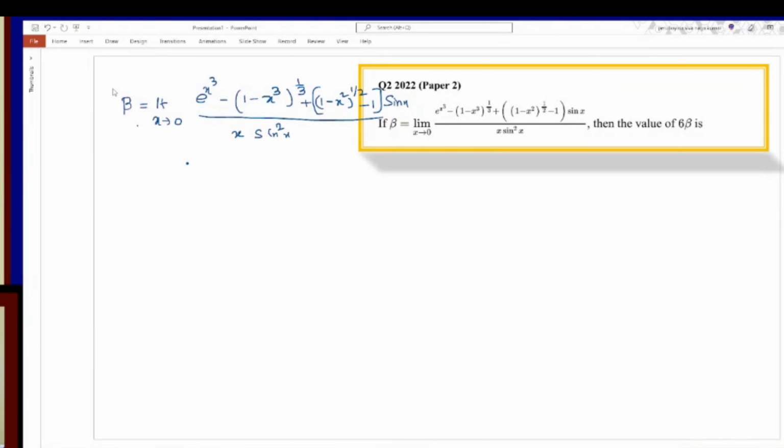And then he is asking how much 6 beta is.